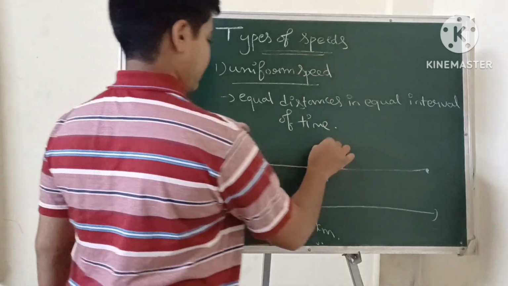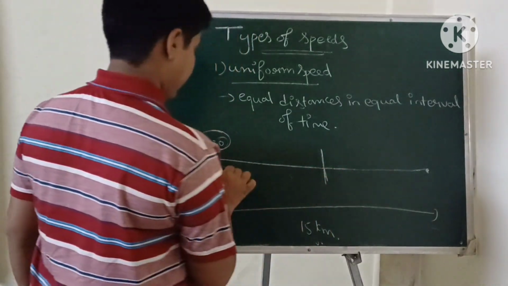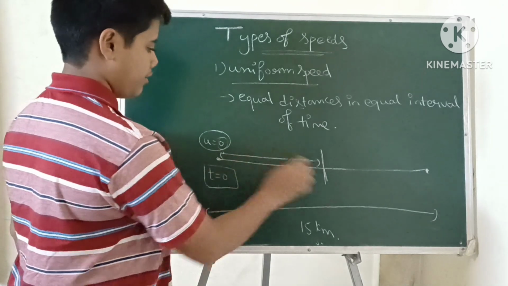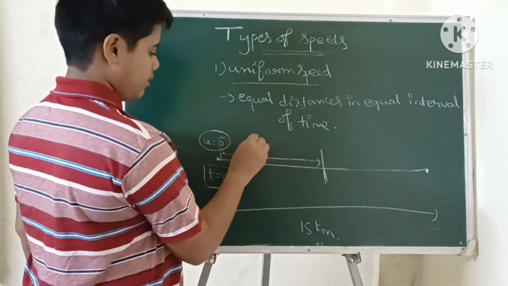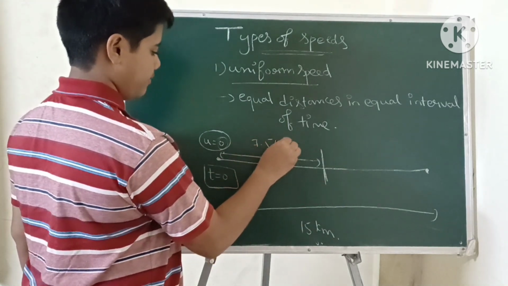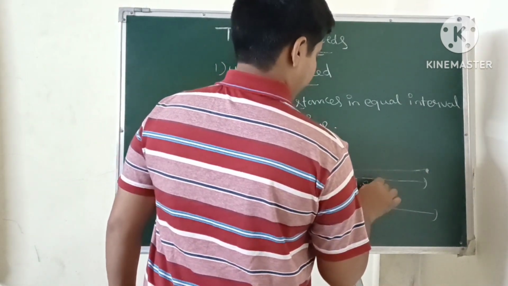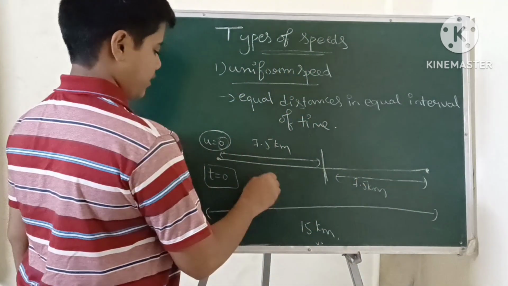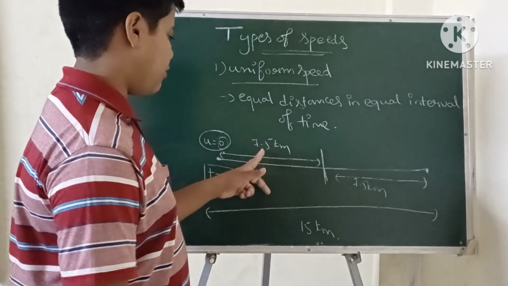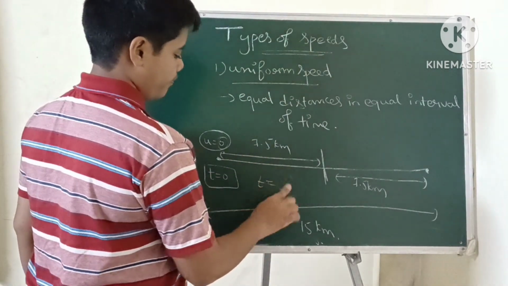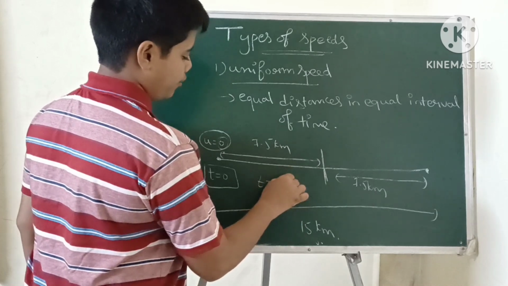Okay, so this is the mid of the way and the distance from starting to mid of the way is 7.5 kilometers and this is also 7.5 kilometers, and a car traveled 7.5 kilometers in time of 2 minutes.